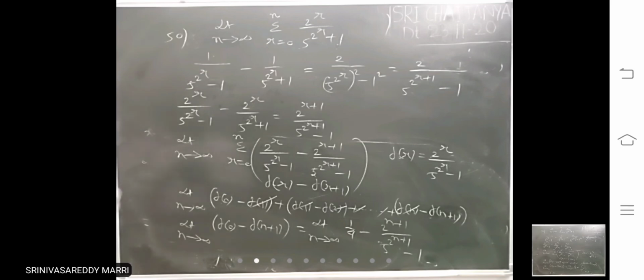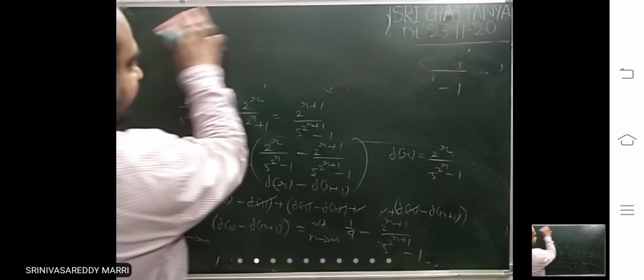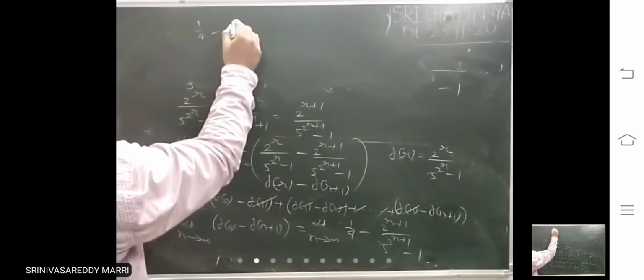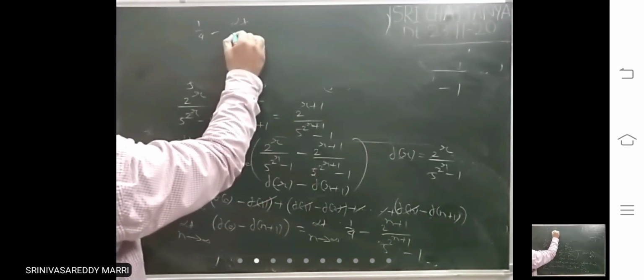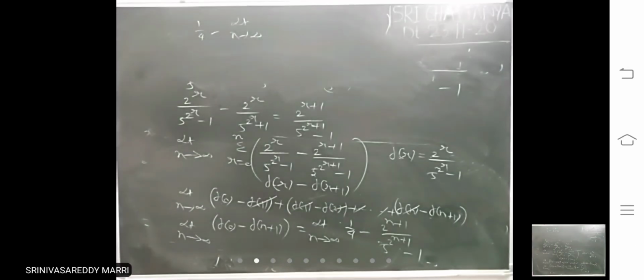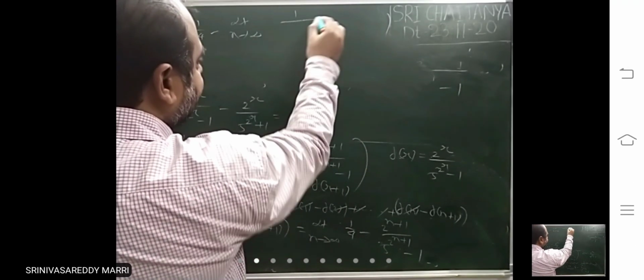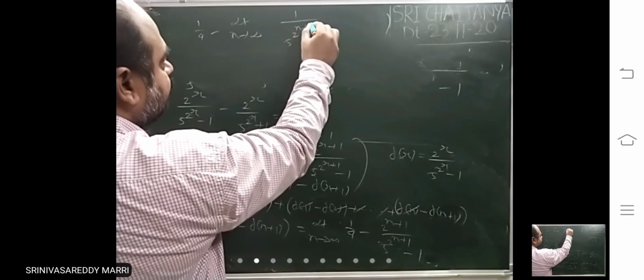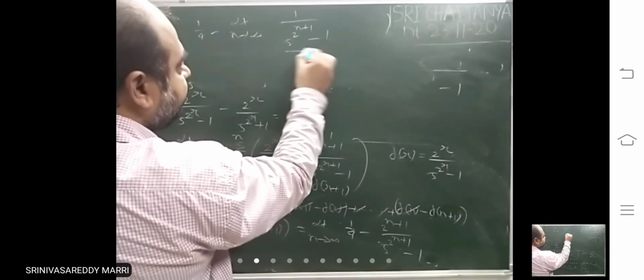Now, if n tends to infinity, this is 1 by 4 minus the limit n tends to infinity of 2 power n plus 1 divided by 5 power 2 power n plus 1 minus 1.